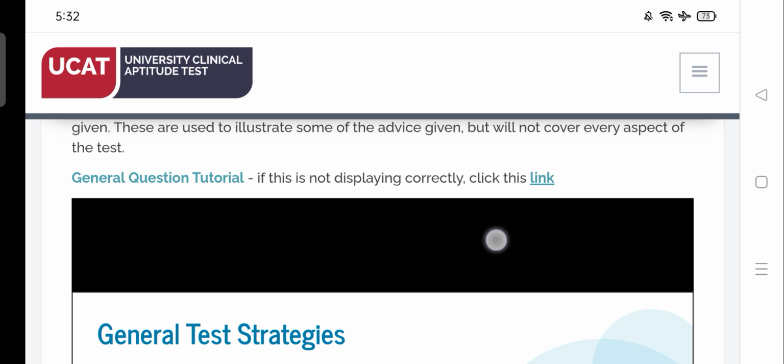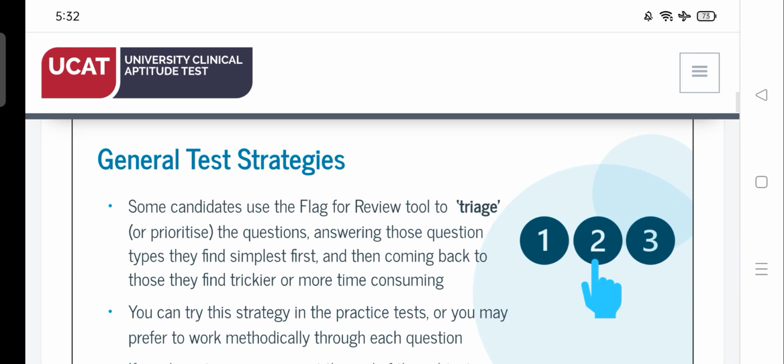Some candidates use the flag for review tool to triage, or you can say prioritize the questions. Answering those question types they find simplest first, and then coming back to those they find trickier or more time consuming.